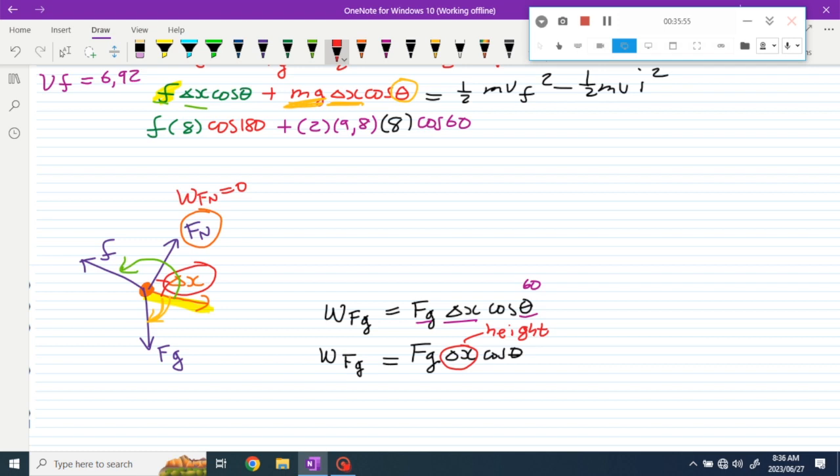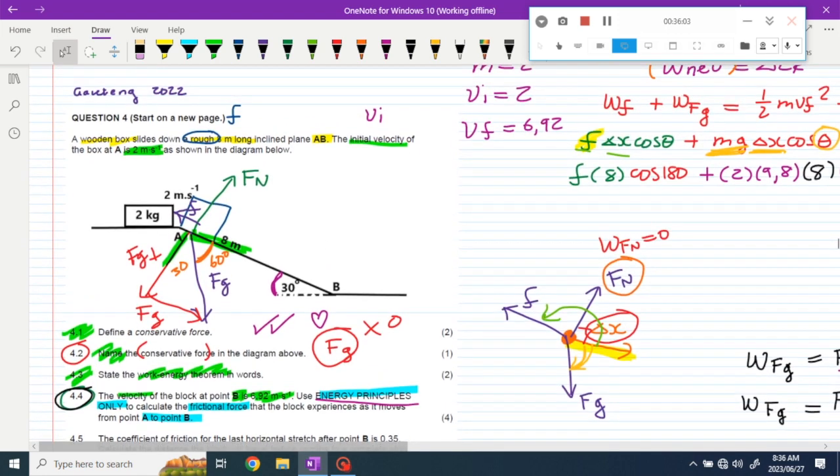So I explained to you guys yesterday, you're welcome to use the height for Fg because Fg is a conservative force. So let's go back to our sketch. If we want to do that instead, and it's really just about what you're more comfortable with, if we would like to do a calculation like that, let's try that again. So let's say, height.